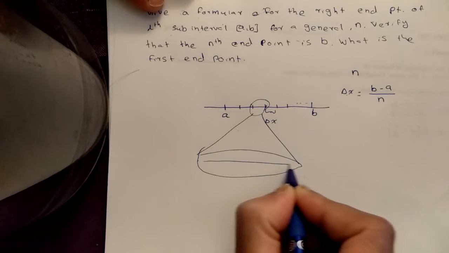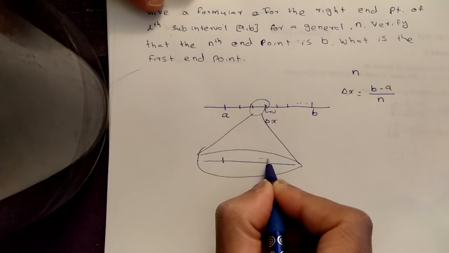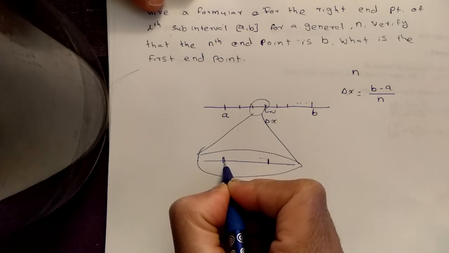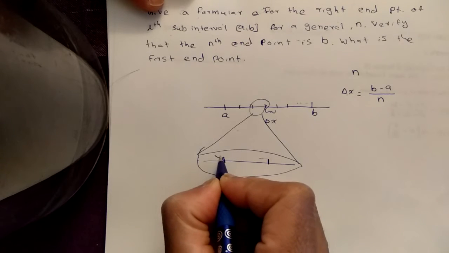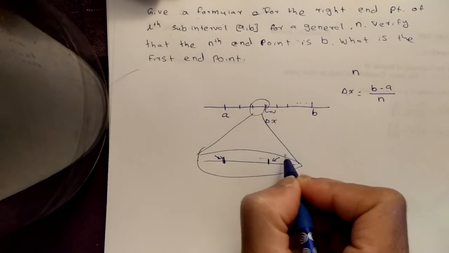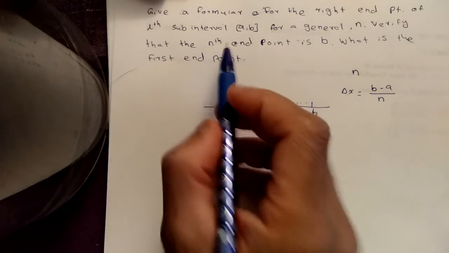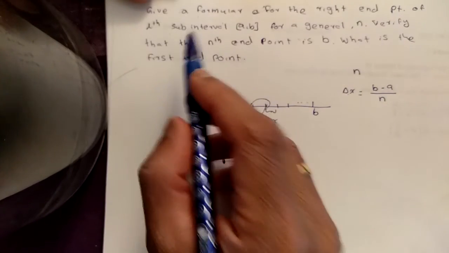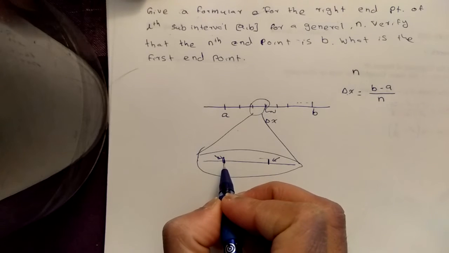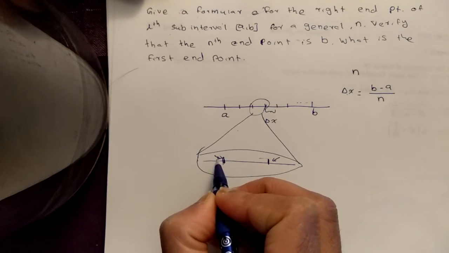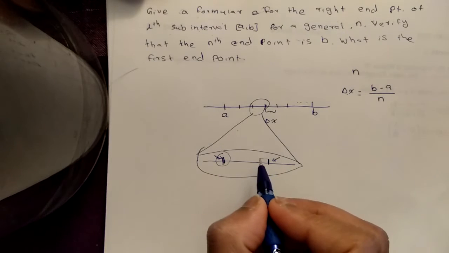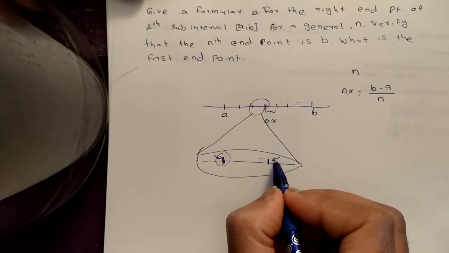So this is that small subinterval. The endpoint towards the left is the left endpoint, and this will be the right endpoint. In the question, we are told to give a general formula to write down the particular value at the right endpoint.